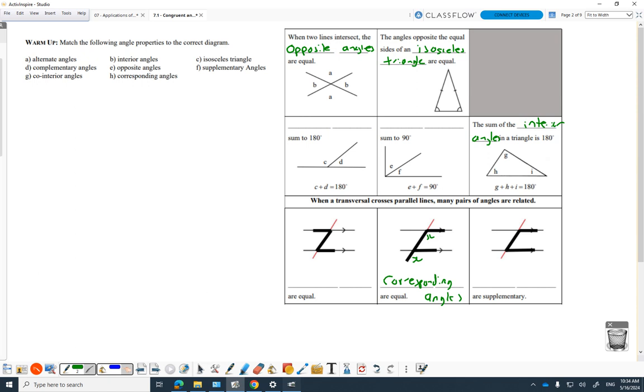Is that supplementary? Okay, yeah, this is the one I was worried about because the words complementary and supplementary, we don't use them very often. And the words themselves don't obviously attach. Like interior was like, okay, I get what that one is. So the two I thought I was going to have to give you were, this one's supplementary when they add to 180.